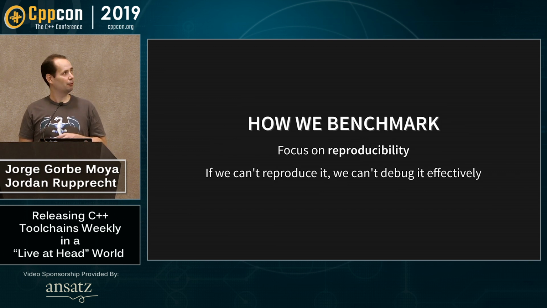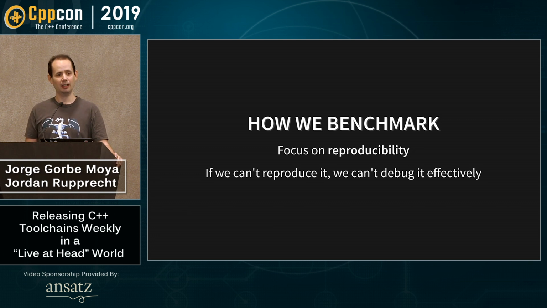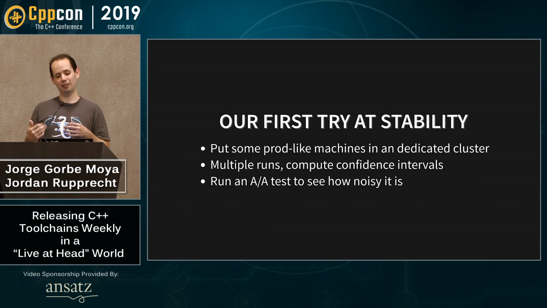Now, what's our benchmarking setup? Here we focus on reproducibility, because as I said, if something doesn't reproduce, we cannot debug it or triage it effectively. So our first try was something like this. We put some production-like machines in a dedicated cluster, so no one could come and run jobs on them, except us.